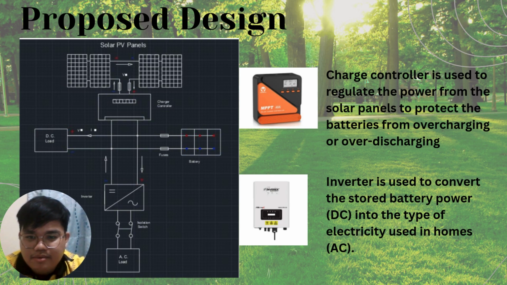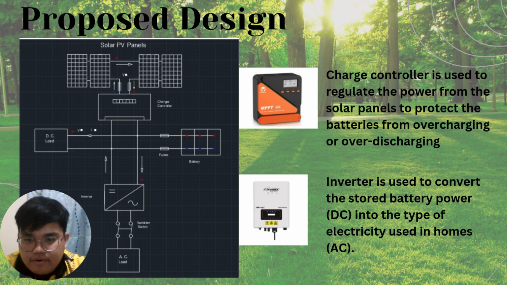Next, we have the solar panel on the top, and the solar panel will flow the energy to the charge controller, where the charge controller will store the power in the battery, and this power will be used by the DC load on the left side and the AC load at the bottom side.